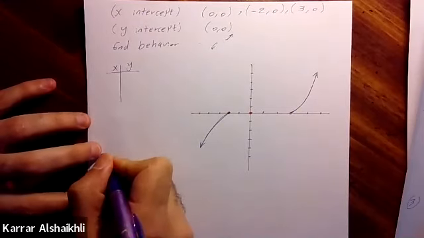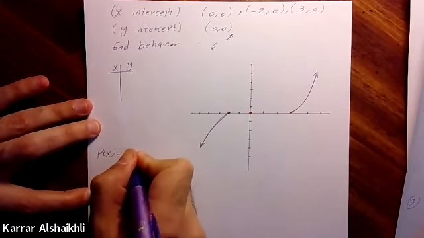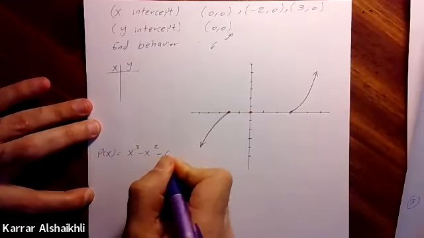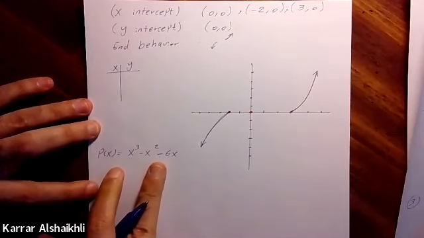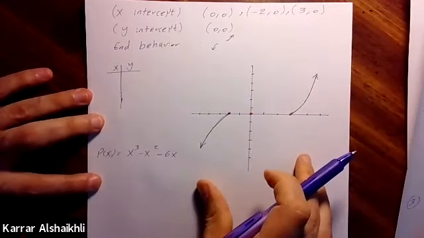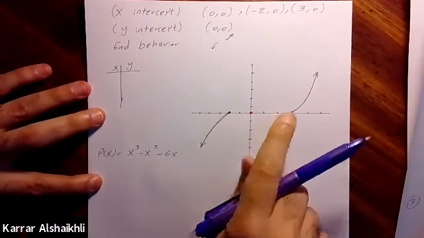I'm going to write down the polynomial function here again: P of x equals x cubed minus x squared minus 6x. Now, again, I need 2 points, 1 here and 1 here.